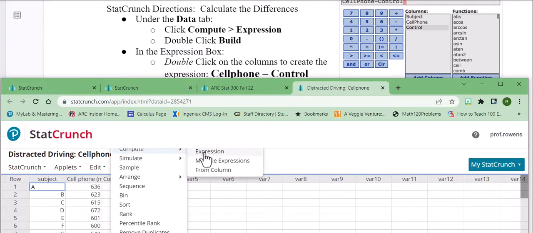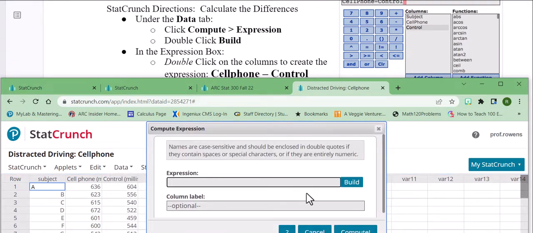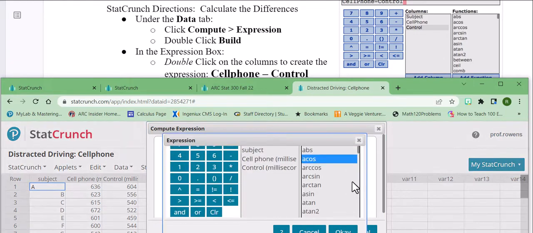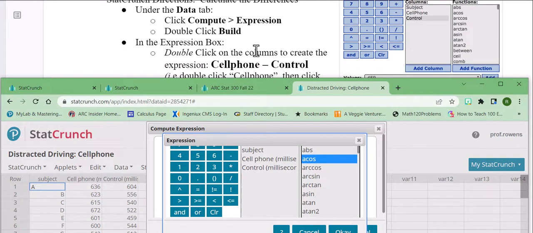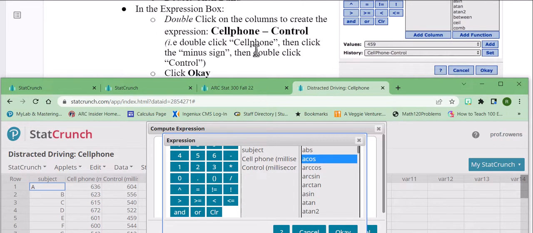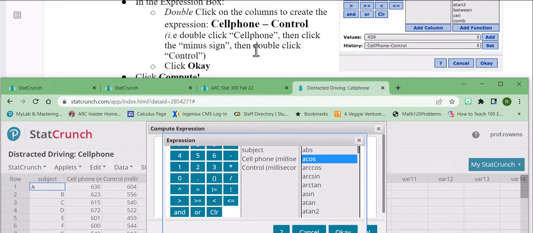This window pops up, and then we go to the next set of instructions. In the expression box, double click the columns to create the expression we want. Essentially we're telling StatCrunch to subtract the two columns, the cell phone column minus the control column, and then put the results in a new column.